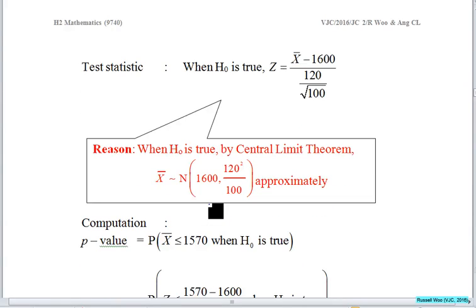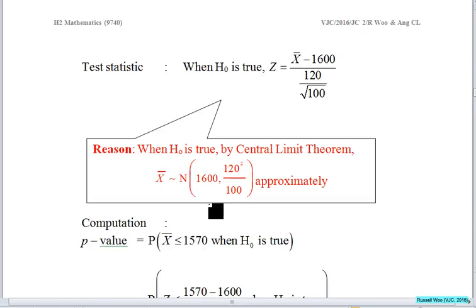Does it make sense to all of us that when H0 is true, by the central limit theorem, X bar should follow a normal distribution with mean 1006 and variance the population variance divided by 100? Correct?